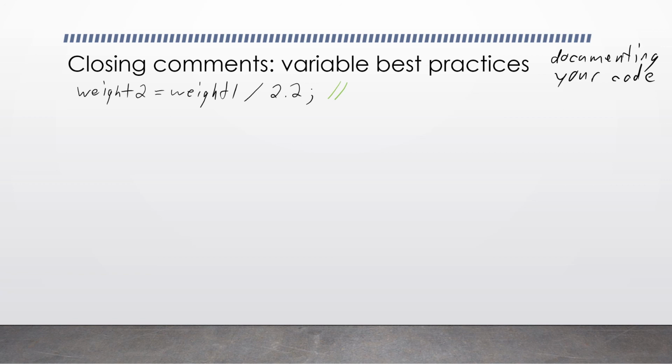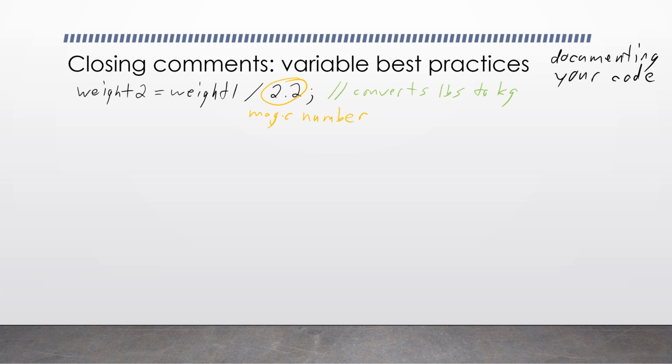And so I can write a comment to a reader that says converts pounds to kilograms. That's still not the best code possible, however, because we've got what programmers call a magic number.